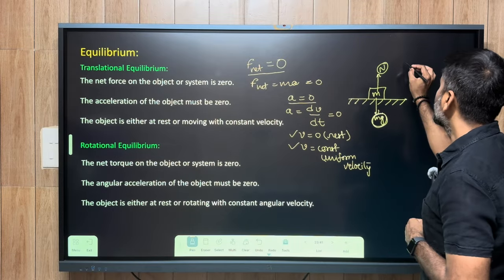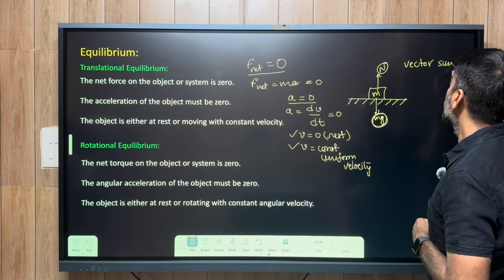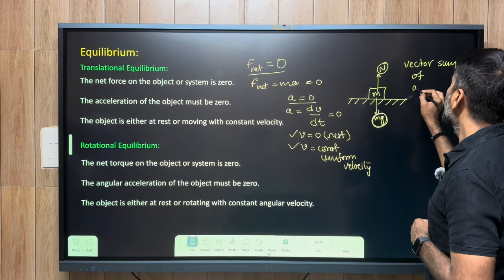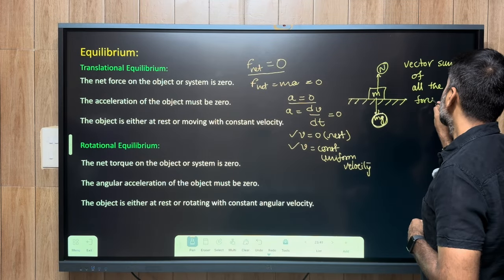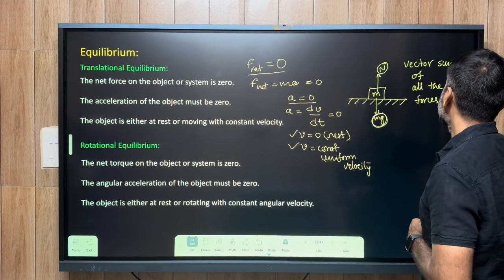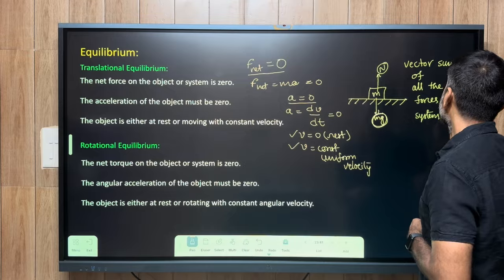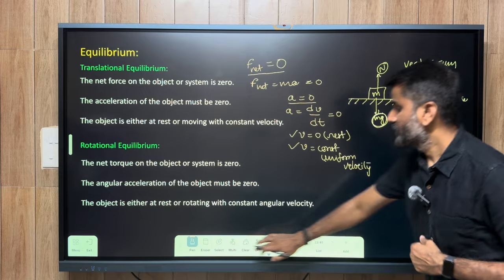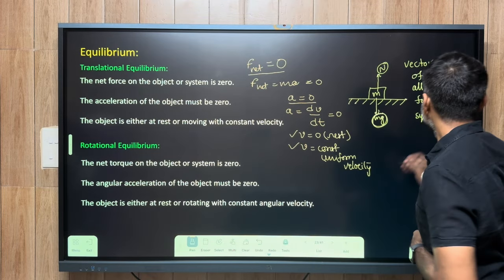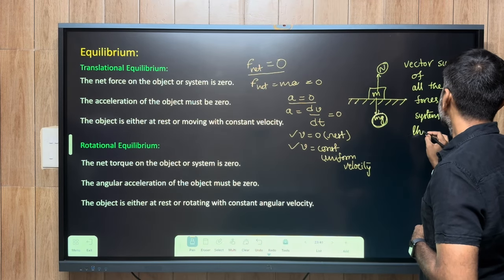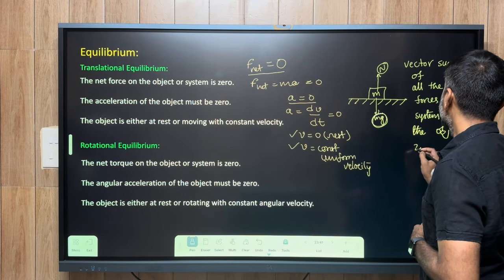That means the vector sum of all the forces on the system or the object is 0.